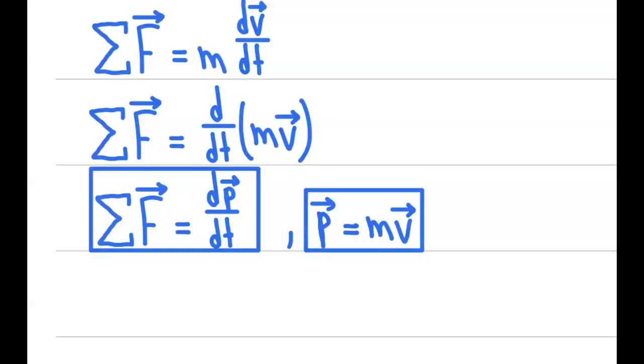Keep in mind that momentum is a vector quantity with the same direction as the particle's velocity. This right here is basically Newton's second law in terms of momentum. This is the form in which Newton originally stated his second law. So it wasn't originally F equals ma.